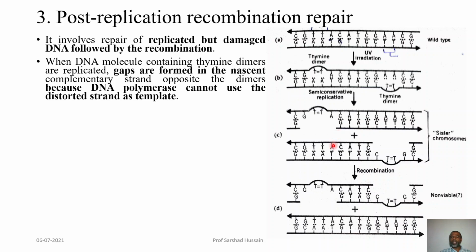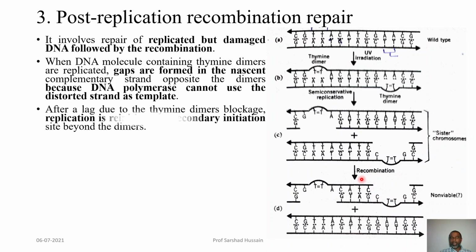So, it means you will have the DNA molecules having the dimer on one side and the gap on the other side. What will happen is that a very unusual type of recombination sometimes happens. What happens is that both the affected strands come together and both the normal strands go to the other end.